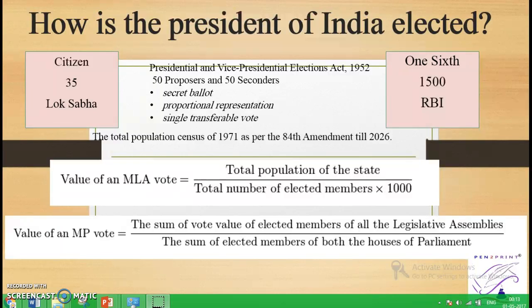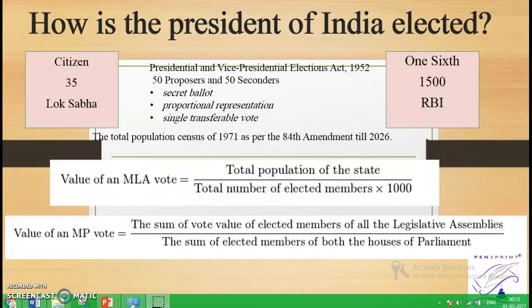In case of a tie, if two or more candidates have equal votes, then the candidate who has secured the lowest number of votes will be disqualified, and his votes will be recounted and transferred to the other candidates based on the preferences given by the voters.